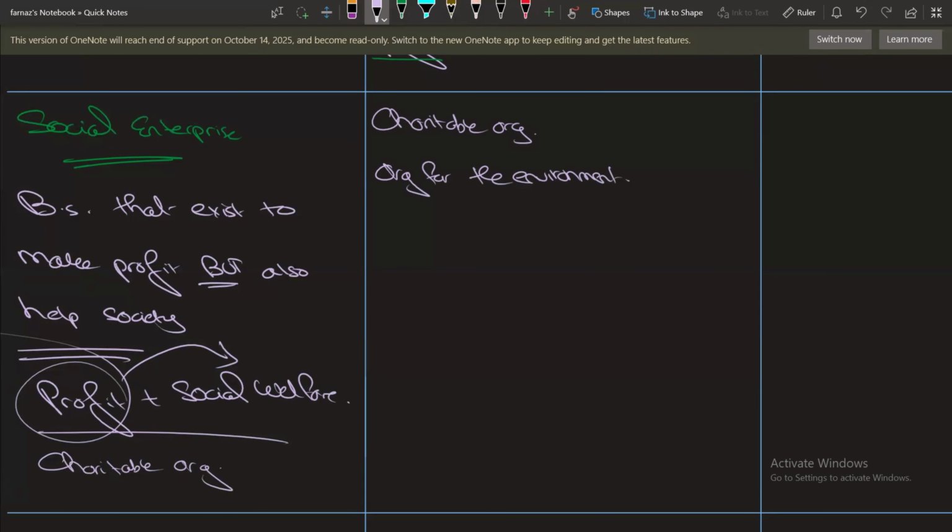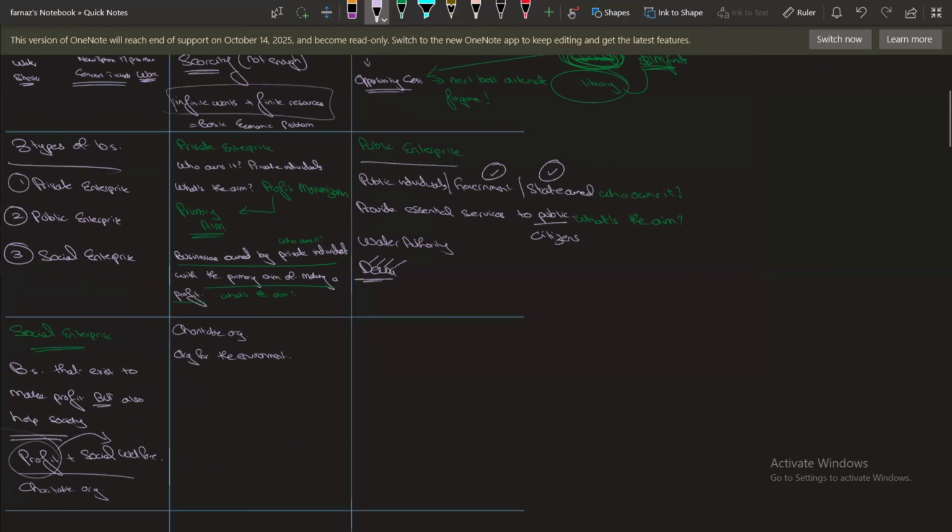They cannot go in loss. Okay. So remember, three types of businesses that I've told you so far is private, public, social enterprise. How to memorize private and public? Who owns it? What's the aim? Remember these two key questions in your mind. So far, you should be confident with what we have studied. Okay.